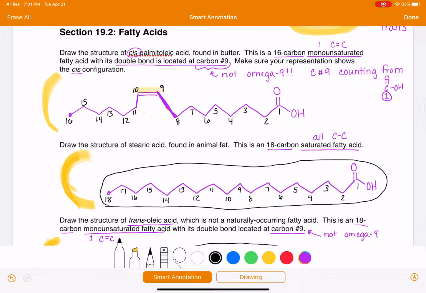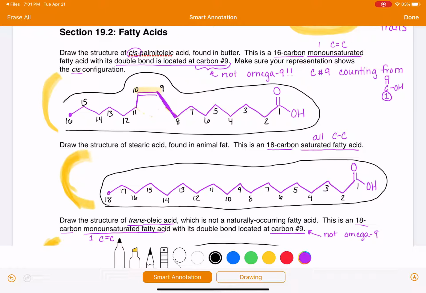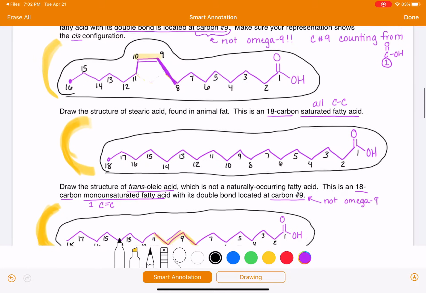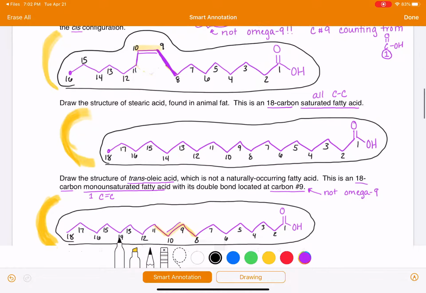And our cis fatty acid has in the carbon chain this bump to it, like that. Because of that forced shape of the cis double bond, it's not a smooth, perfectly linear shape.